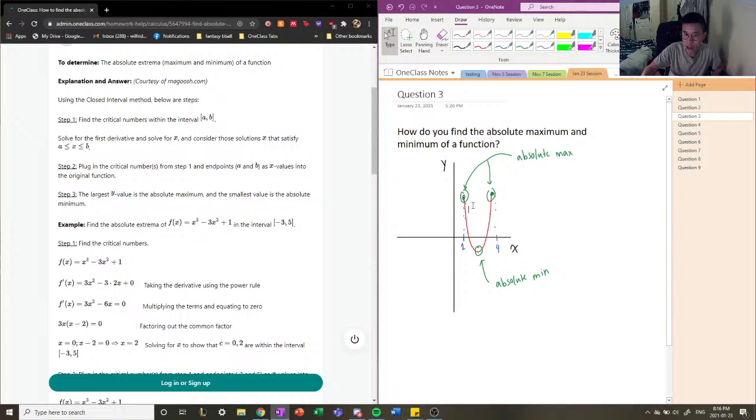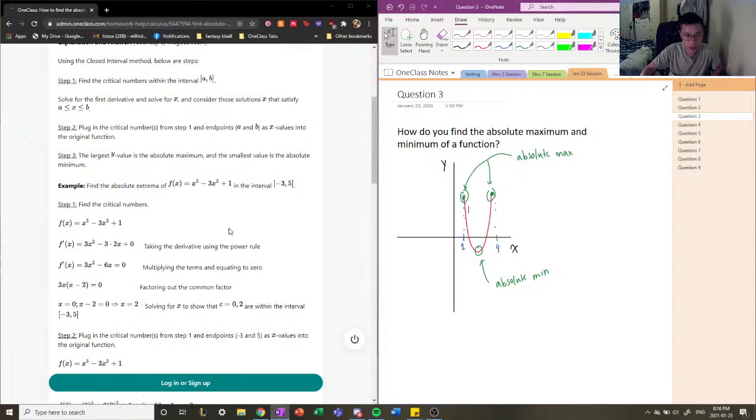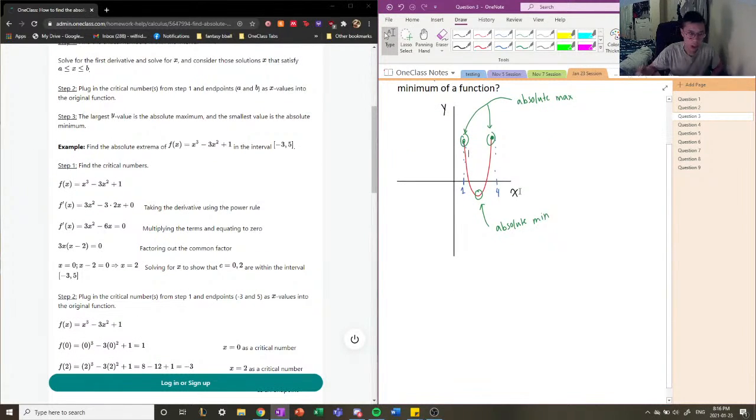So that's why we calculate the endpoints separately and don't use the derivative to calculate the endpoints in that sense, because the endpoints might be the absolute max or absolute min, but might not have a tangent line with a slope of 0. So with that in mind, we're going to use an example to clarify everything.